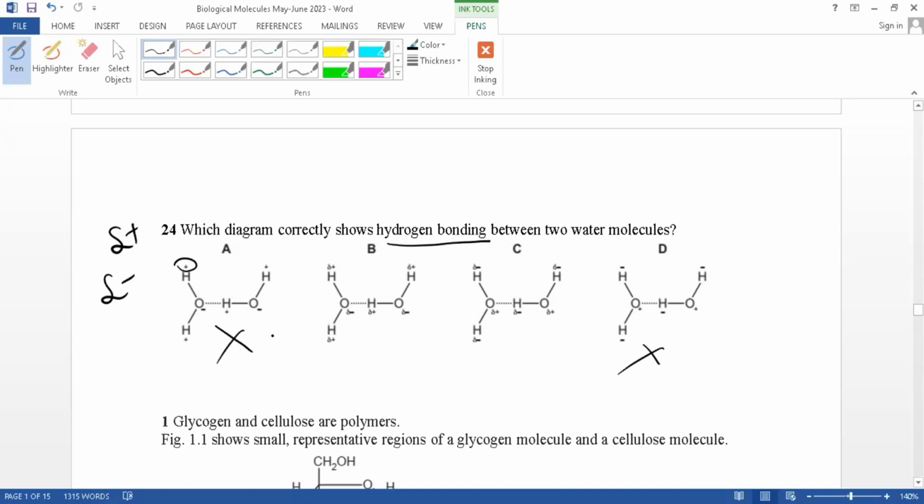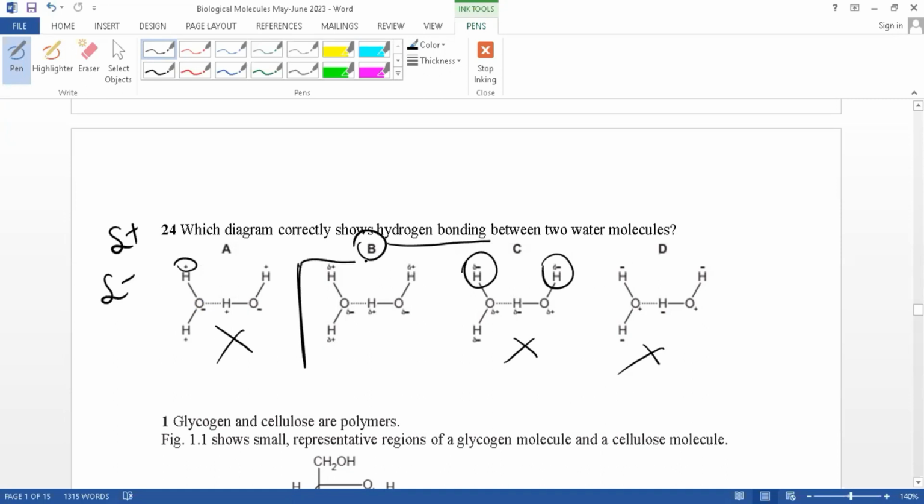They are not fully charged, because the charge is due to unequal sharing of the electrons. So that's partial. Why is hydrogen partial negative? That is also wrong. It's absolutely this one. Partial positive, negative, positive.